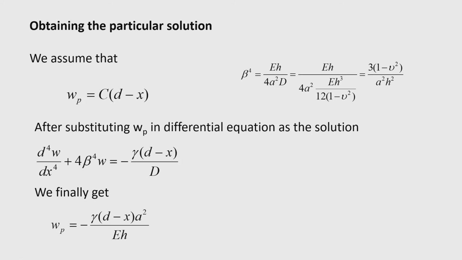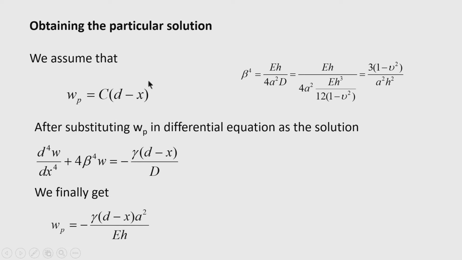So, the homogeneous solution we have obtained, and the particular solution we can now obtain using the theory that I explained earlier. The particular integral is due to the forcing function, which is a linear function, and therefore we assume Wp as c into (d minus x).